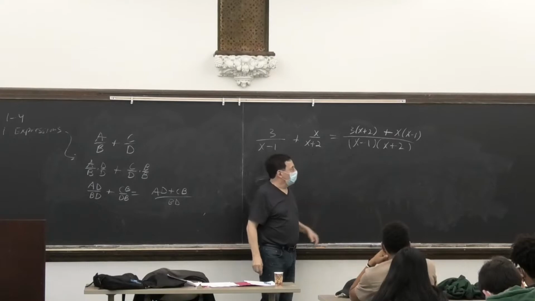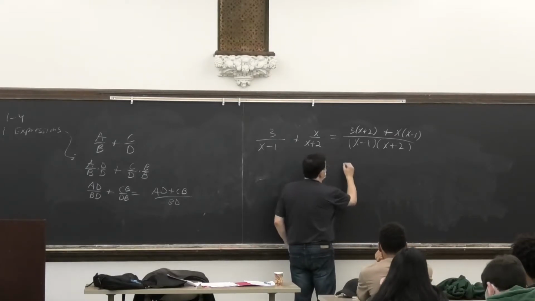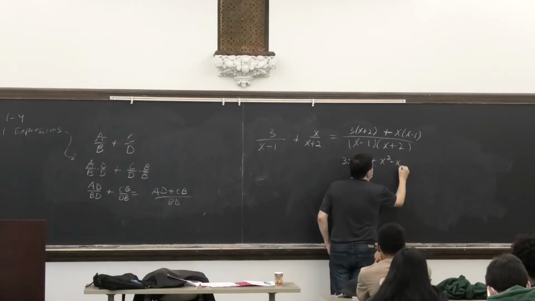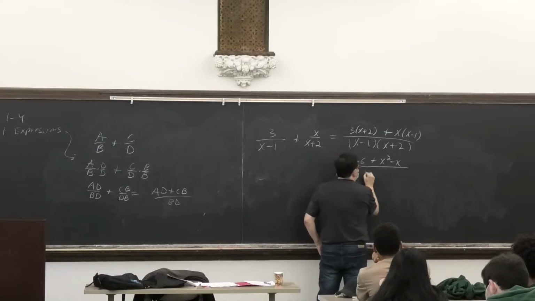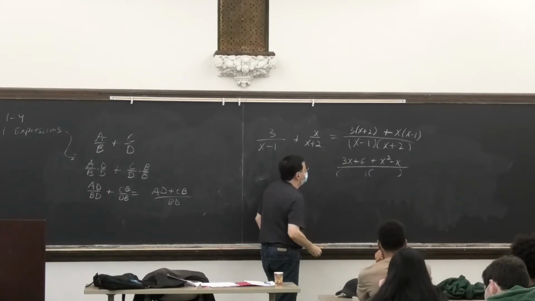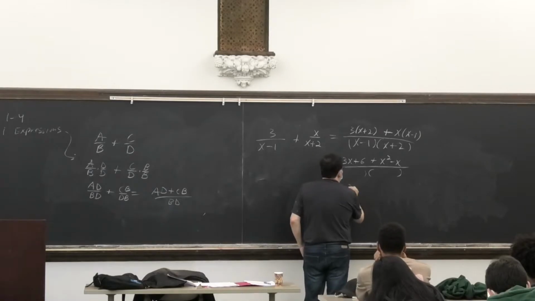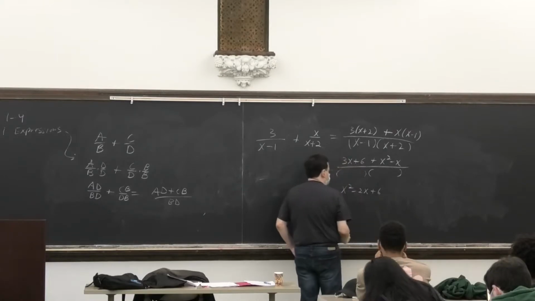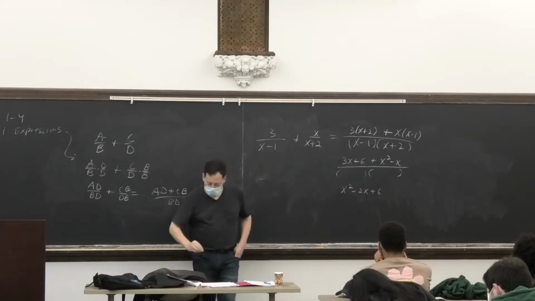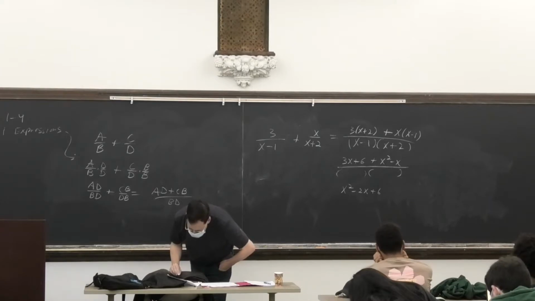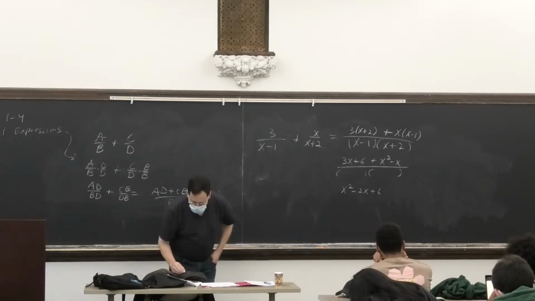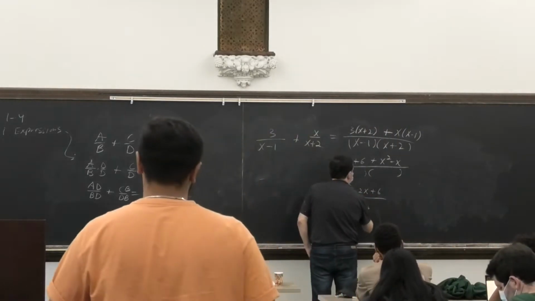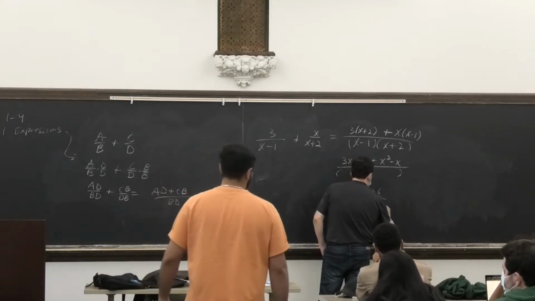Might be able to simplify this, though. We have to check and see. 3x plus 6 plus x squared minus x. I'm going to rewrite that again. So we have x squared plus 2x plus 6. Well, this is supposed to come out that way. Yeah, I'm wrong. x minus 1 times x plus 2.